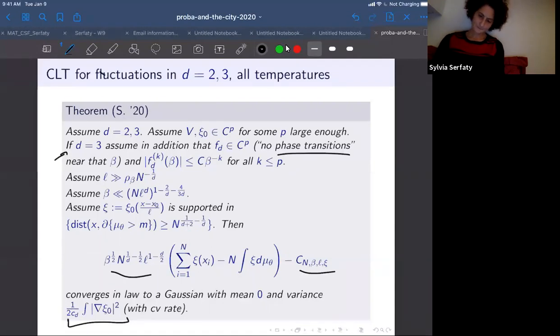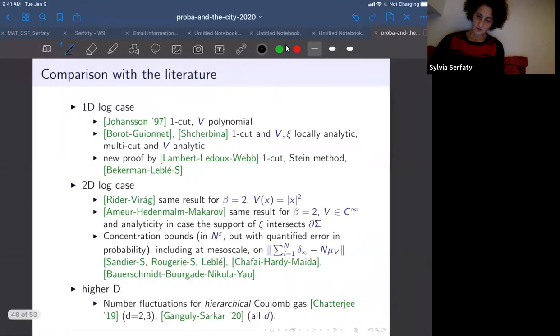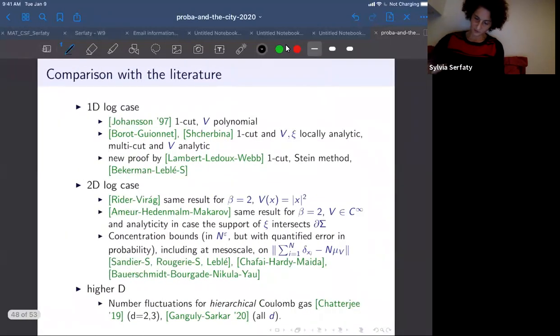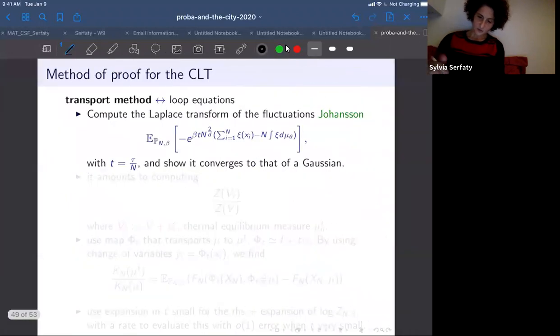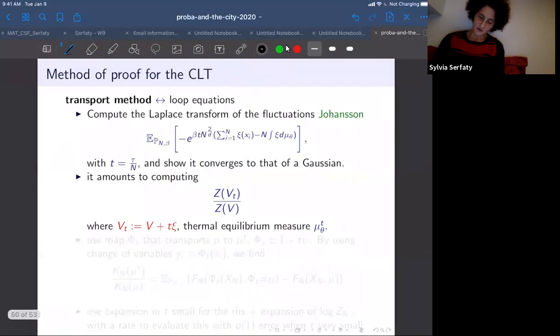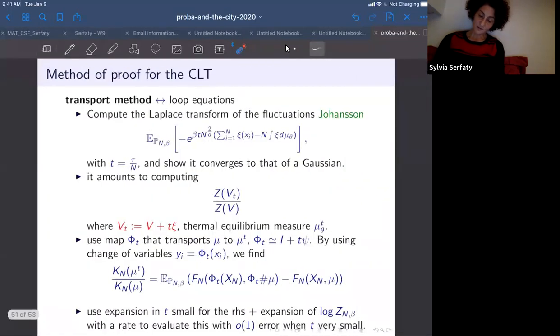And the method of the proof is borrowed from the previous paper with Thomas Leblay. It's a transport-based method where you have to compute, so I will go fast on comparison with the literature, sorry, the ratio of two partition functions, one for the perturbed potential V_t, and one for the original V. And so that's where we use the precise free energy expansions that were obtained before.